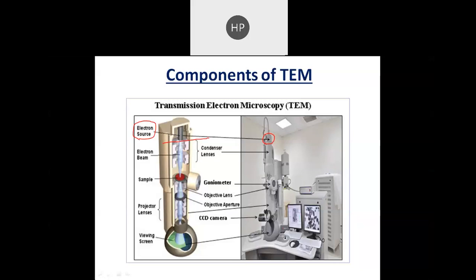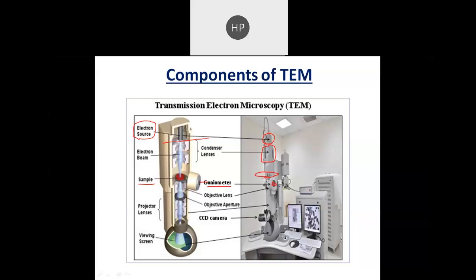So in this portion we have condenser lenses. Then we have a sample here. The sample may be somewhere over here, and this is the goniometer. This one is the goniometer. Same way here, this is the goniometer.